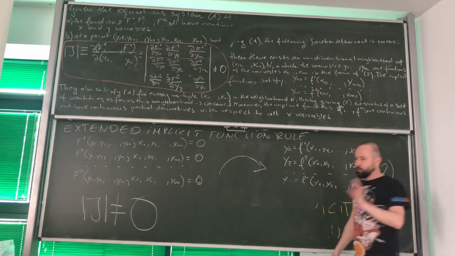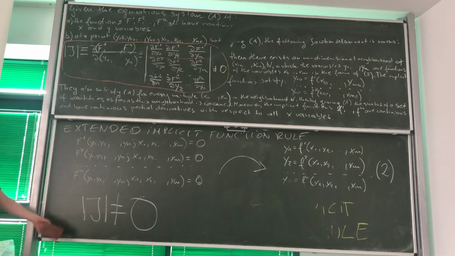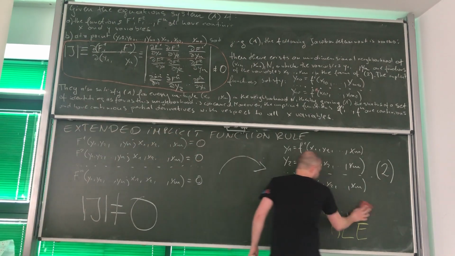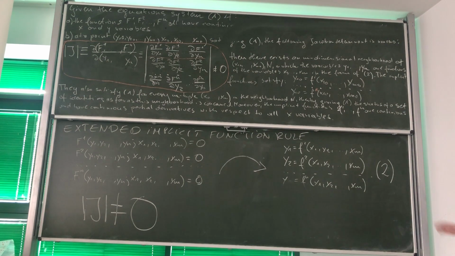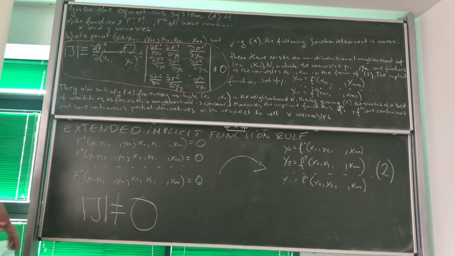And let's just say that all those conditions are met. Of course, before we even go to the Jacobian, we are assuming that all those functions are continuous and have continuous partial derivatives. Okay, let's just say that this Jacobian is different than 0.